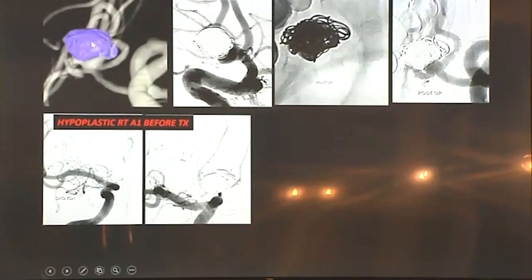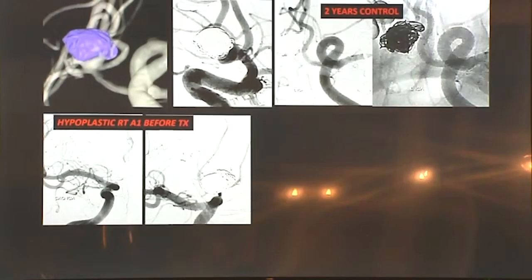This was a regrowth aneurysm after simple coiling after a subarachnoid hemorrhage. And for the remnant, we put the flow diverter at the neck. At the beginning of the treatment, the right A1 was hypoplastic during the initial treatment, as you see here.